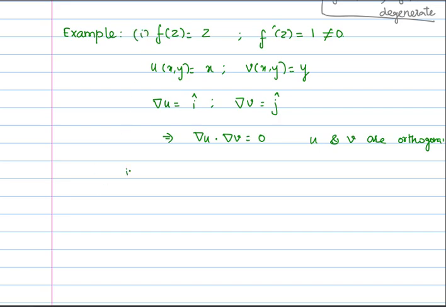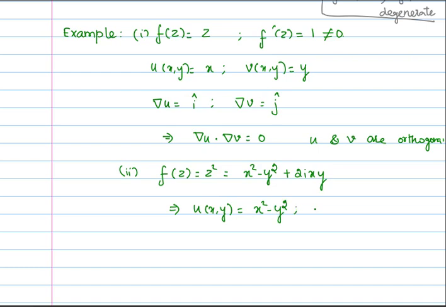Now you take the second example, f of z equal to z square, meaning x square minus y square plus 2i times xy. So u of x comma y equals x square minus y square, v of x comma y equals 2 times xy.